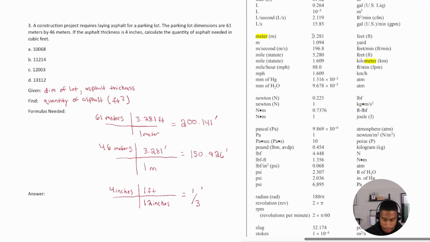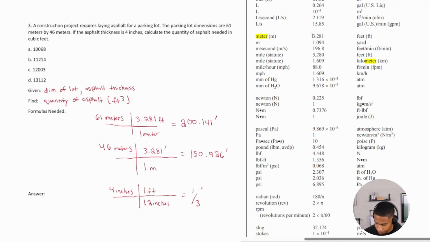Okay, so now the final step here is getting everything into cubic feet, which means we just multiply our length that's in feet times our width that's in feet times our thickness that's in feet, and we should get a cubic foot value for our asphalt.